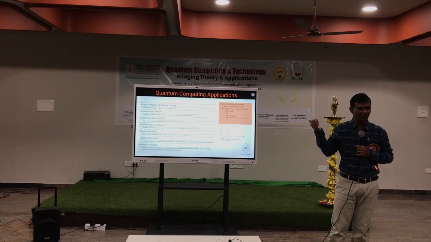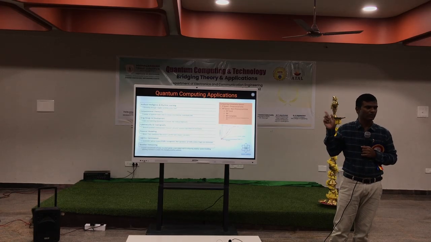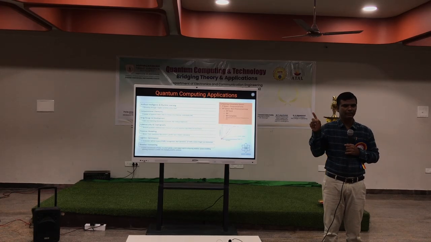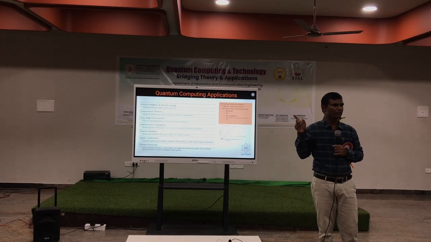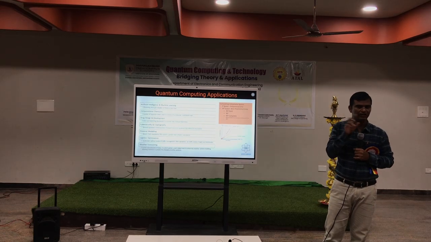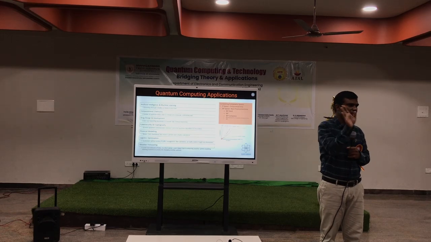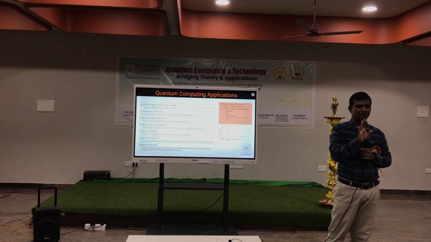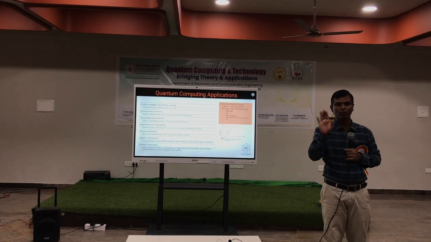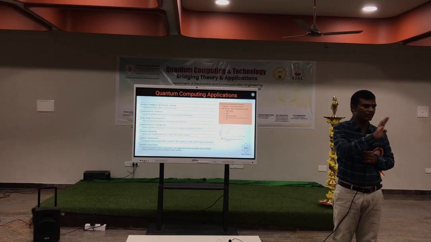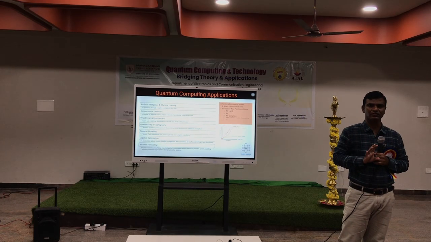But here in quantum, I will show you a program where you use operators that depend entirely upon the problem definition, not on the way you do sorting or searching in the normal classical way.